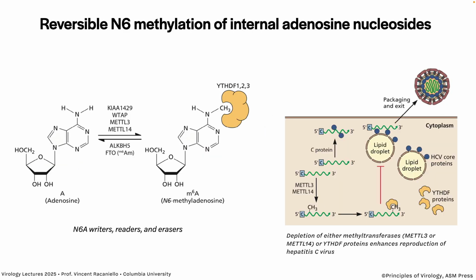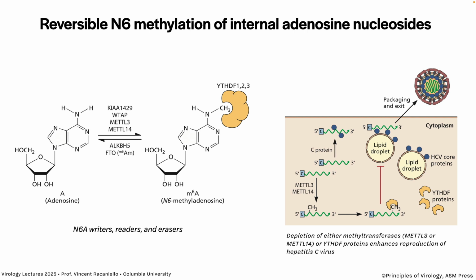And finally, the last aspect of RNA biology I want to tell you about is RNA methylation. And this is in particular N6 methylation of adenosines. So the base adenosine, the base A, has a nitrogen in it up here. And there are enzymes in the cell that will methylate this nitrogen.